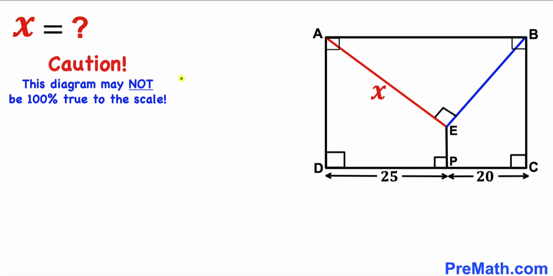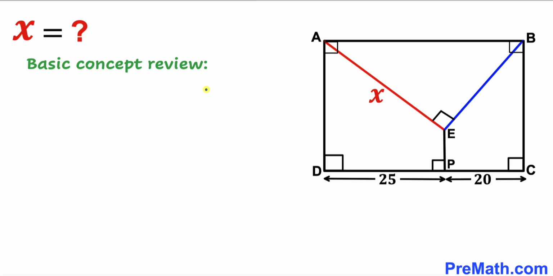Please keep in mind that this figure may not be 100% true to scale. Before we solve this problem, let me go over the basic concepts. Let's recall complementary angles. The sum of complementary angles equals 90. Let me call alpha and beta our two complementary angles.